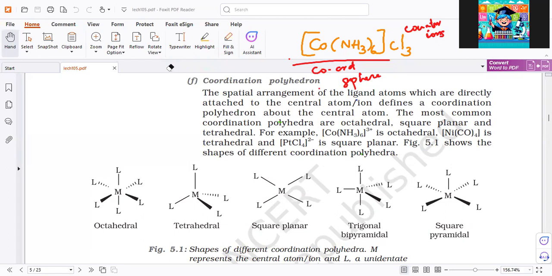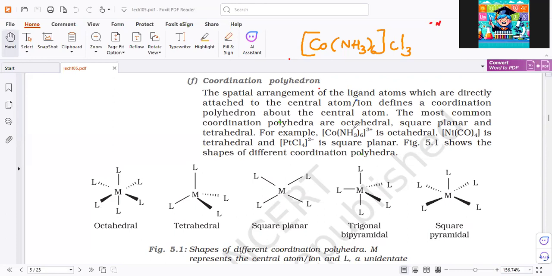So the spatial arrangement of the ligand atoms which are directly attached to the central atom or ion is known as the coordination polyhedron. We told in the introduction that different geometries are possible for coordination compounds. So this geometry is determined by the coordination polyhedron.